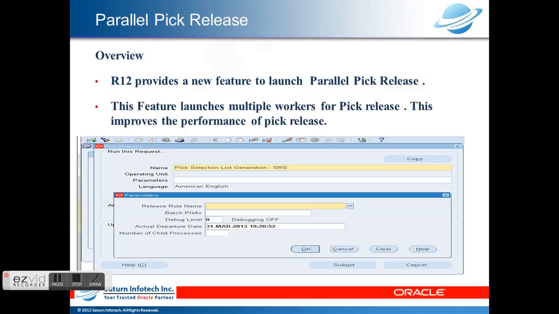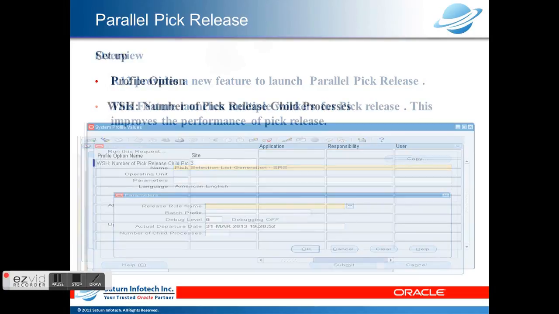You can have more than one, which will indicate that it will run in multiple workers. So this is a really good feature to speed up the pick release process. Earlier in 11i this option was not there.